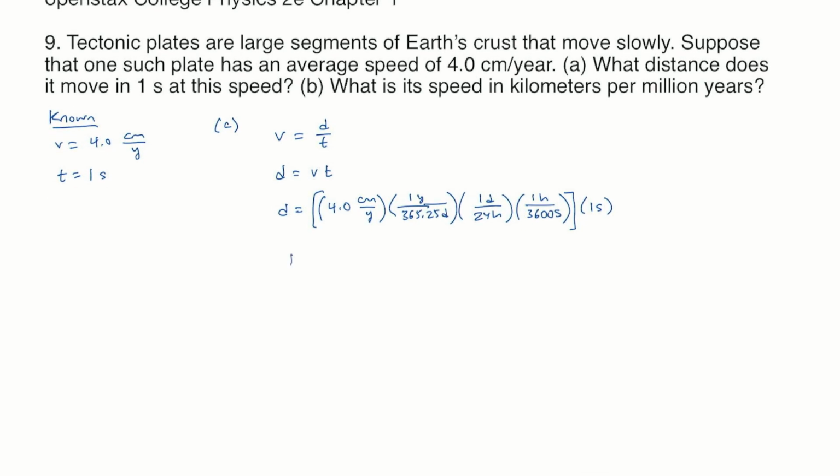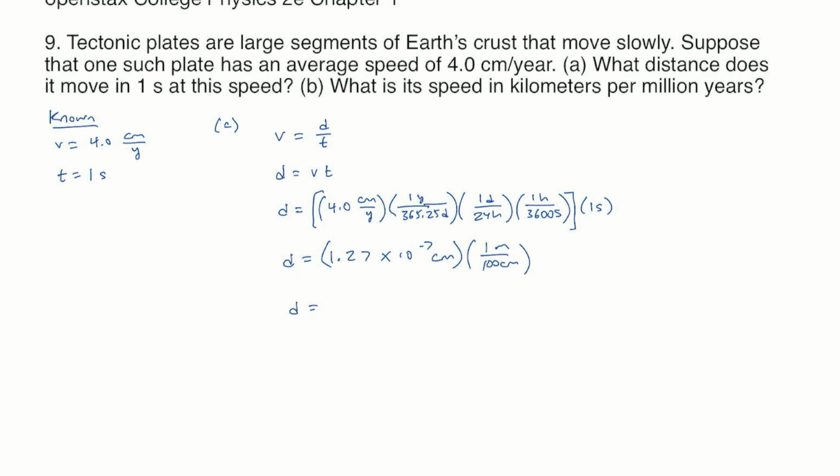I did this calculation and I got 1.27 times 10 to the minus 7 centimeters. Now we prefer our length measurements, such as distance, to be in meters. So let's convert this to meters. And so in 1 meter, there are 100 centimeters.